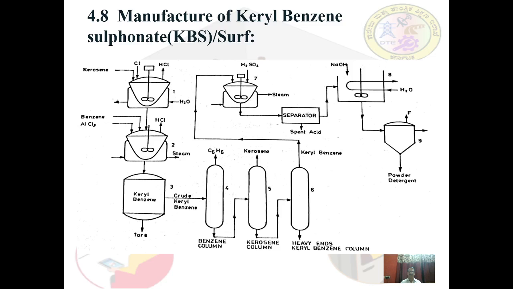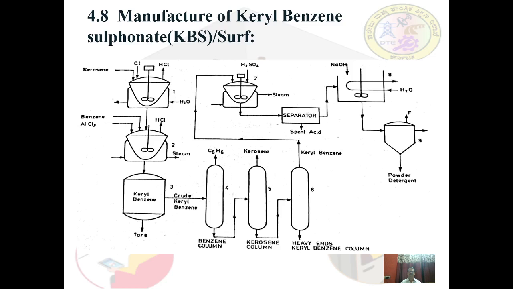The linear alkyl benzene is taken as overhead product, and the bottom product contains linear alkyl benzene with heavy ends. The linear alkyl benzene thus obtained as overhead product of fractionator 6 is fed to a sulfonator where concentrated sulfuric acid is added, so that linear alkyl benzene sulfonate is formed.